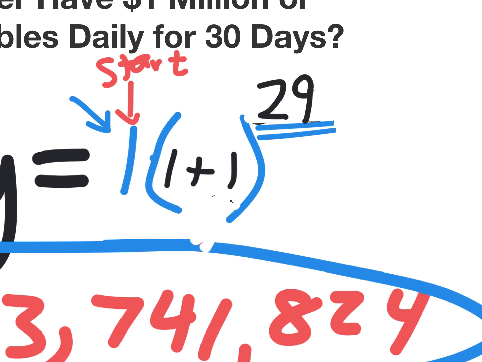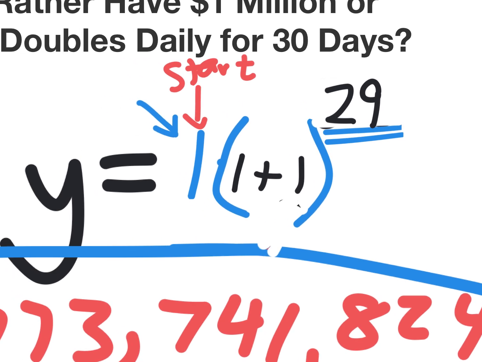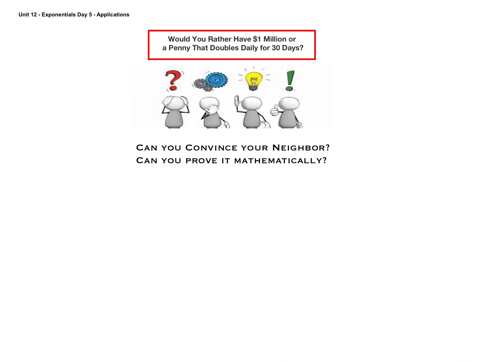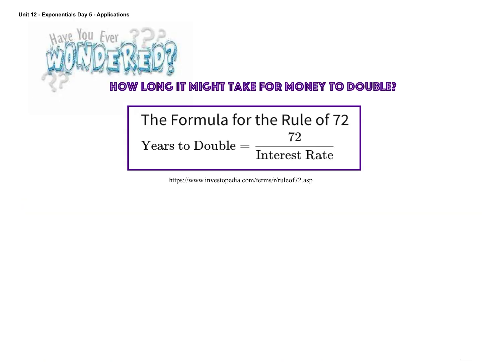Maybe you argue that you didn't double it on the first day, you only doubled it after that. But there's an equation that you're going to see at the end of the hour, and I'm glad you brought it up. This is where you put how much you started with. And if you started with $4 and you did the doubling game, you just put a 4 here. All right, enough about that.